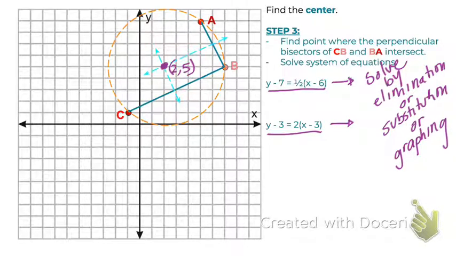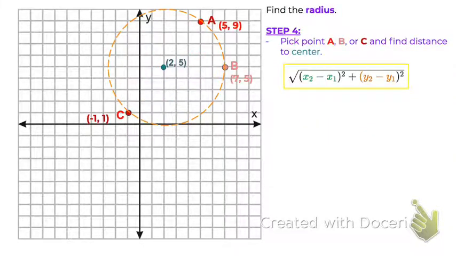So the next step is to find the radius. So I put my center there. Remember, the radius is the distance from the center to the edge anywhere. All of these points are the radius.